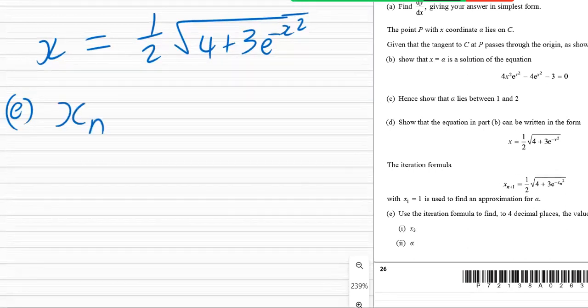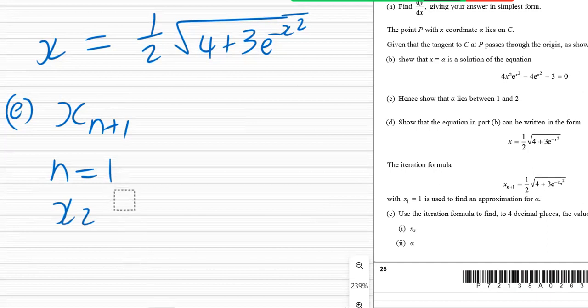Just to note, if we had n equals 1, then this would be x2. So whenever n equals 1, this is our x2.